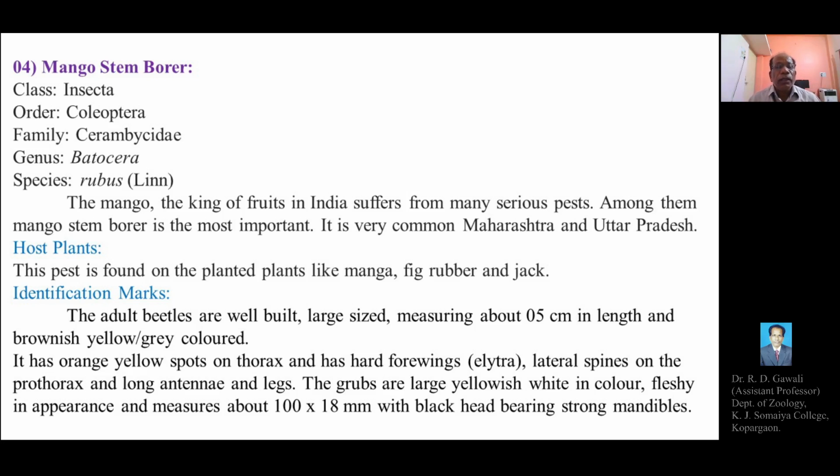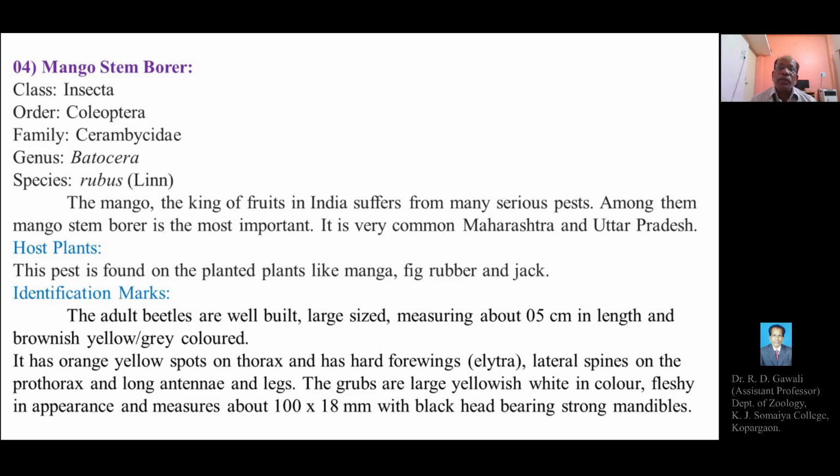So it has two lateral spines, conical or spiny outgrowths along the anterior end of the prothorax or the first thoracic segment, a pair of long antennae and three pairs of legs.